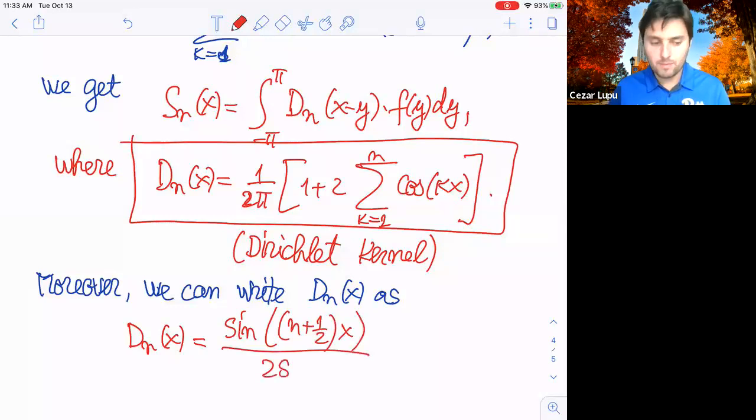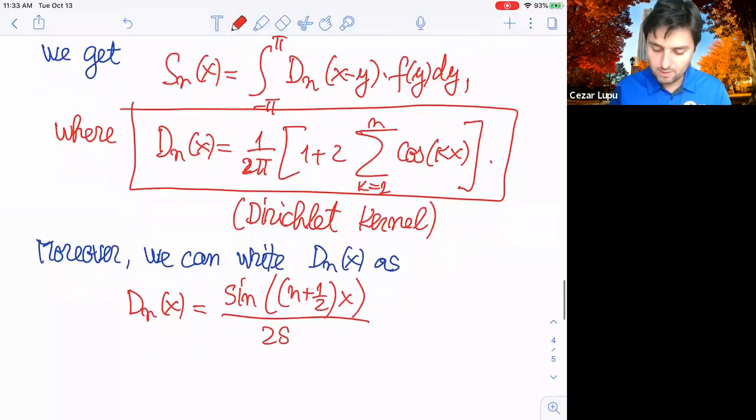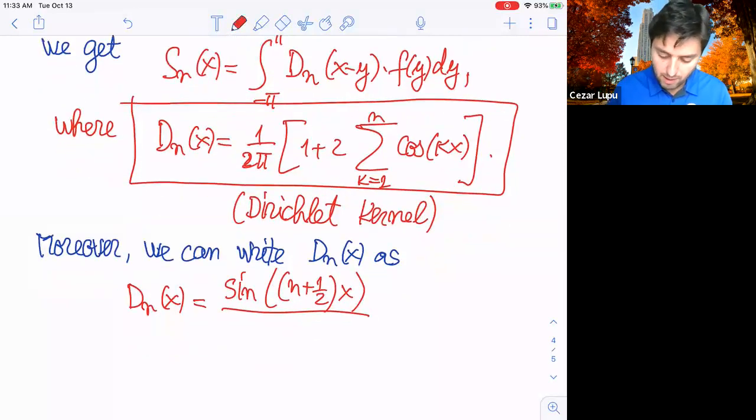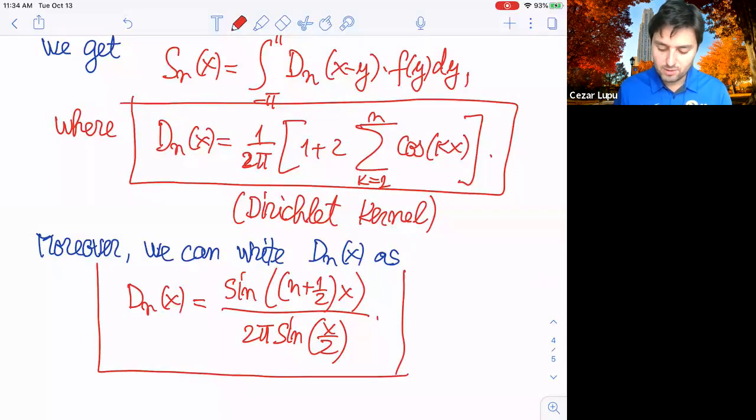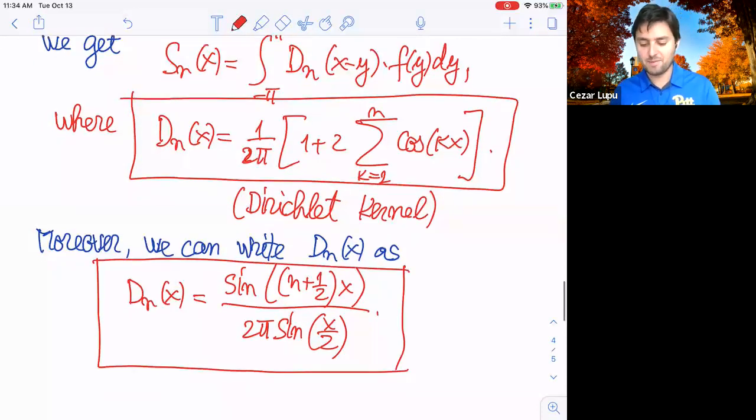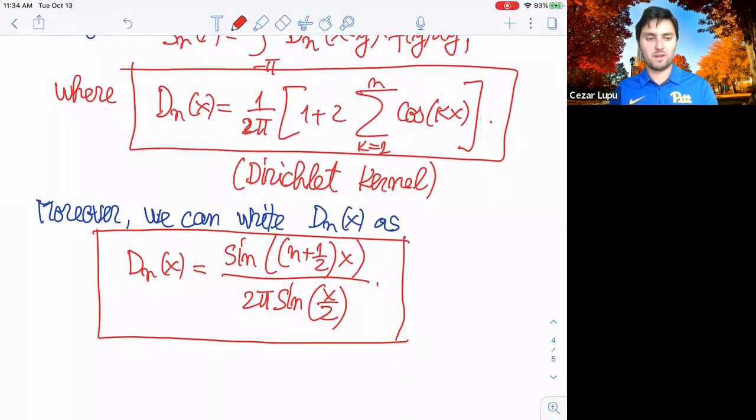Sometimes people put 2 pi, it doesn't really matter. I'm going to put 2 pi here. Some people put pi here, some people don't. But anyway, this is just a little glimpse of what the Dirichlet kernel is all about.